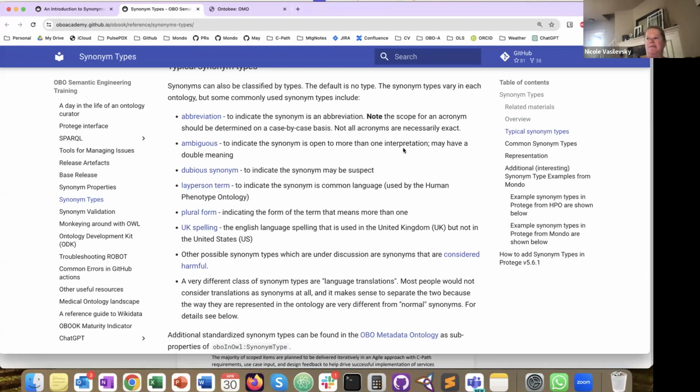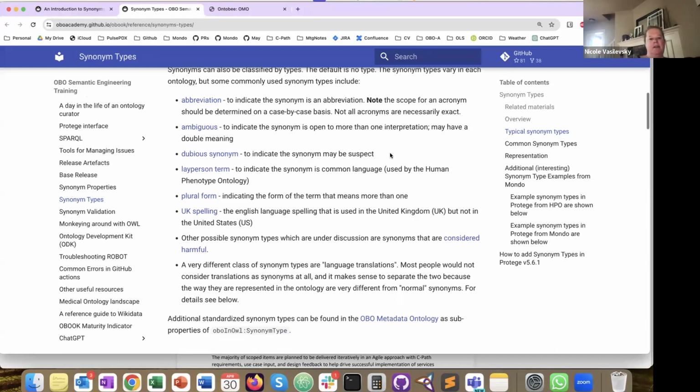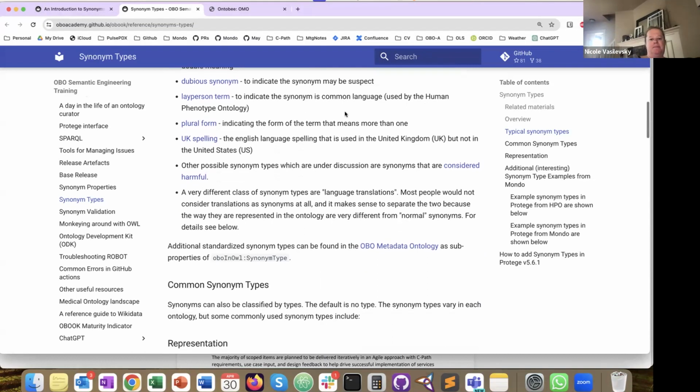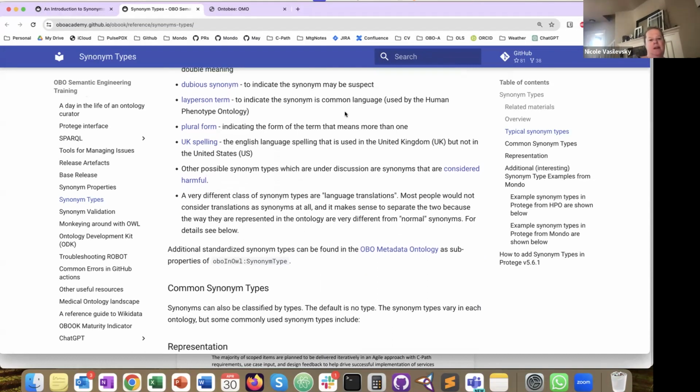I haven't seen this done, but if you had ASD as a synonym, you could clarify that this is ambiguous, since it could be used for two different meanings. Dubious synonym indicates a synonym may be suspect. We use this in Mondo since we're aggregating or integrating different terminologies, so this comes up every once in a while.